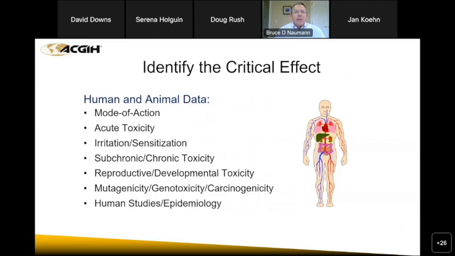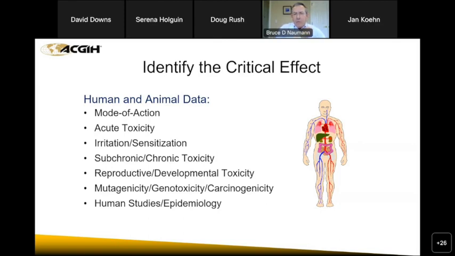And we tend to focus on trying to understand what the compound does, what the mode of action is. Obviously, we're interested in any acute toxicity, if it can cause irritation, sensitization. And really, it's very difficult to set numerical limits with limited information like that. Unfortunately, as David pointed out, we have several banding schemes that we can use to get us through those situations.